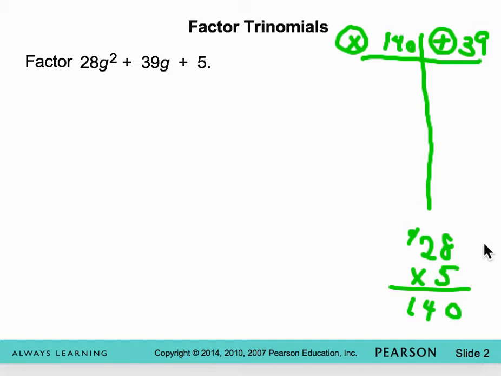Okay, so at some point when we are working on this factoring, we need to get a little bit better at guessing our numbers over here. Okay, I could start with 1 here. 1 and 140. But notice that's going to be 141.